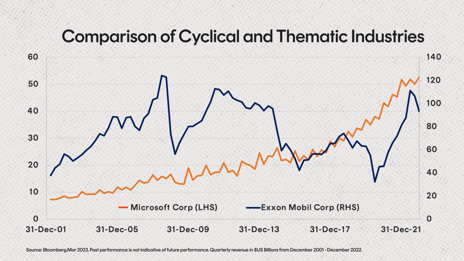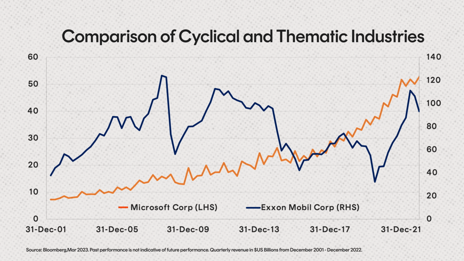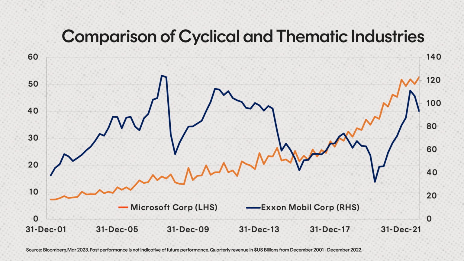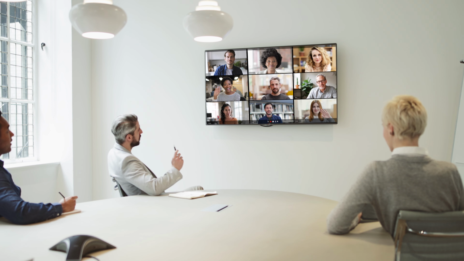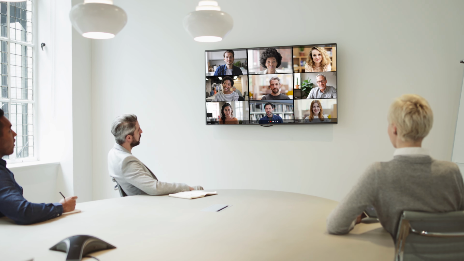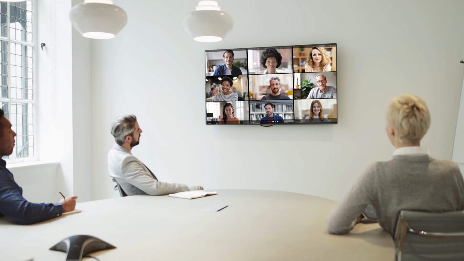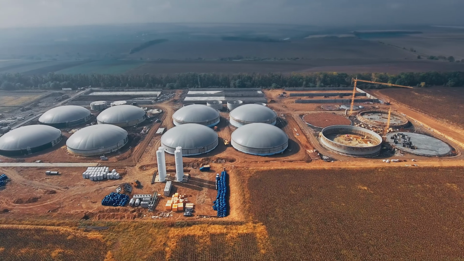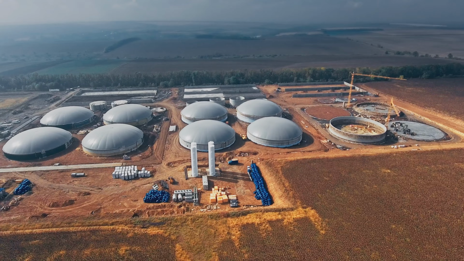Exxon's dependence on oil makes it a highly cyclical business model. This is reflected clearly in the revenue of the business. Microsoft is participating in new markets that are growing, such as enterprise computing, cloud, and gaming. The oil industry, however, has reached maturity, so revenues generally only grow when the economy as a whole grows. They also shrink when the economy as a whole shrinks.